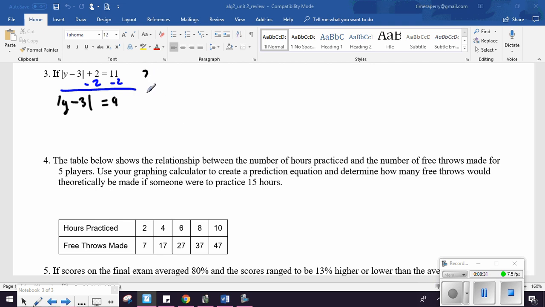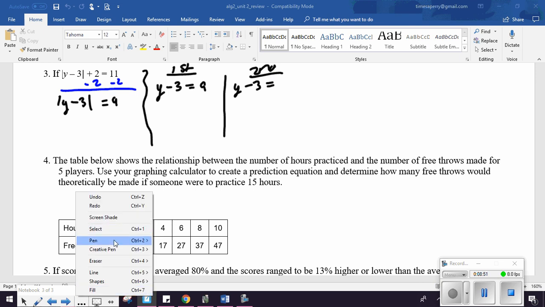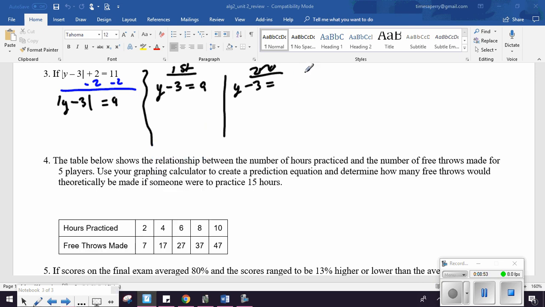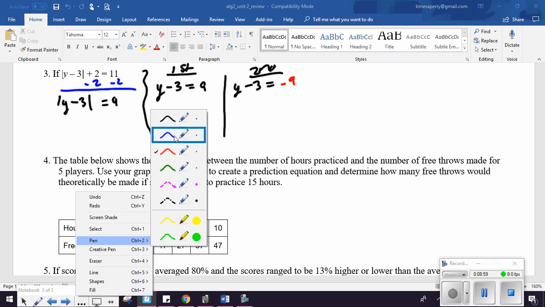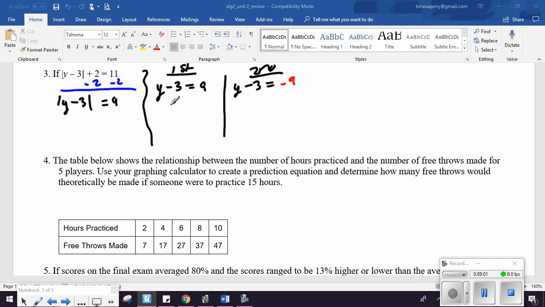And now we write our two cases. The first one is exactly like the original, except you're no longer in the bar. And the second case is the opposite of the original for your outcome only. So that means negative 9. Now, solve both individual equations.